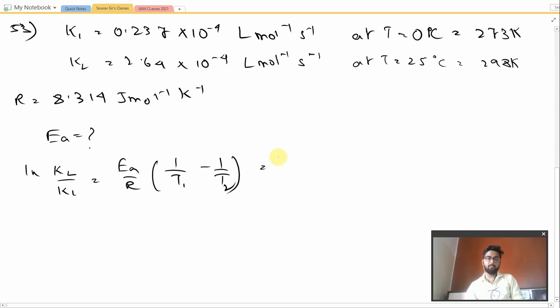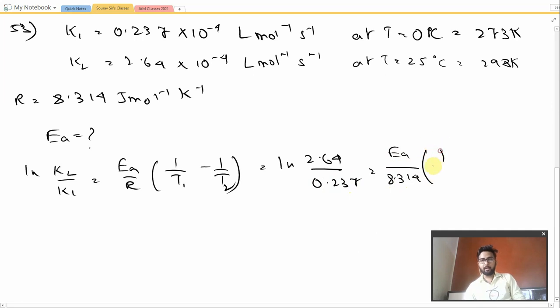K2 is equal to 2.64, and we cancel out the 10 to the power minus 4 because they are in the division form and will be cancelled out eventually, so I am not writing it directly. So ln of 2.64 divided by 0.237 is equal to EA by 8.314 into 1 divided by T1, this is T1, this is T2, so T1 is 273 Kelvin, minus 1 divided by 298 Kelvin.